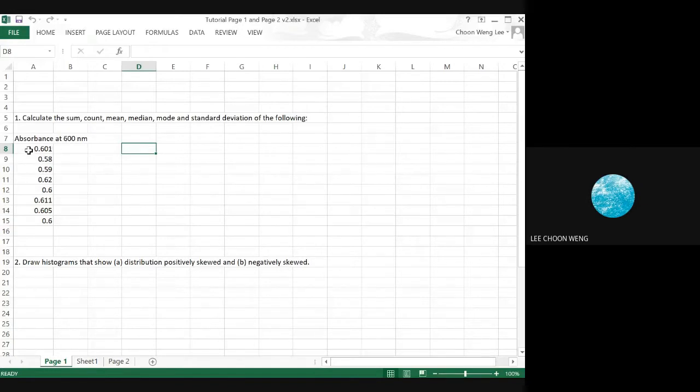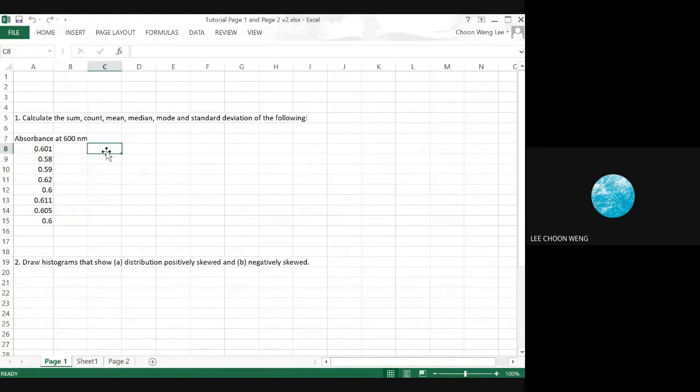So for example, whenever you have data, if you measure over a few times like this, it's good to know your mean and the standard deviation.